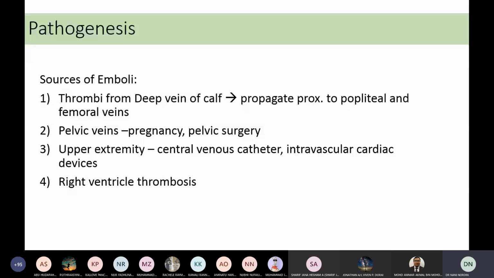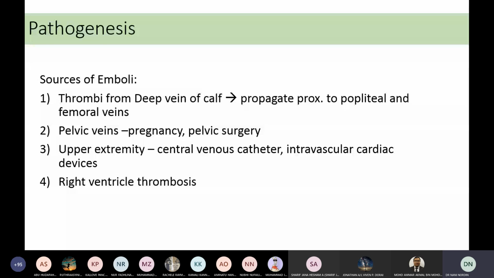It doesn't travel from the systemic circulation, but if there is a thrombosis primarily in the right ventricle, it can easily go to your pulmonary circulation. But this is very, very rare. Most of the time it comes from your DVT, from the deep vein of the lower extremities. Okay, so those are the sources of emboli.